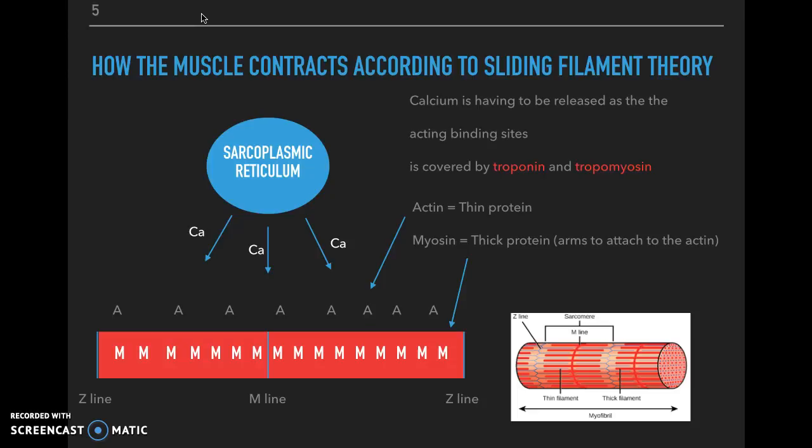So the Z lines go inwards towards the M line for the muscle to shorten. And then when the muscle is relaxing, the Z lines go out and the actin goes back out.